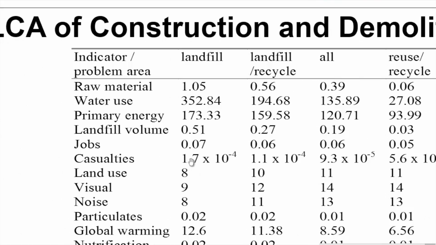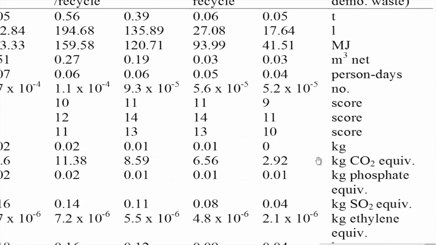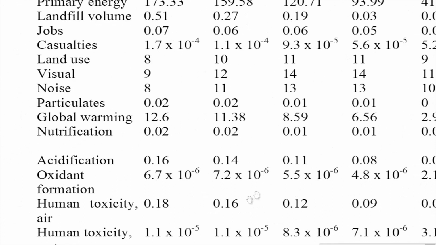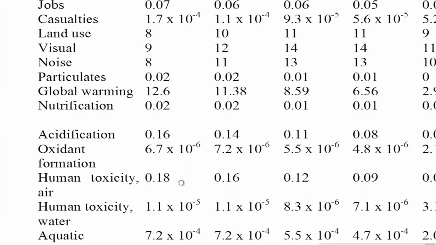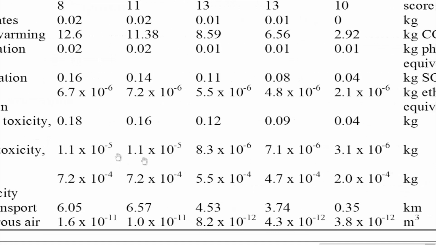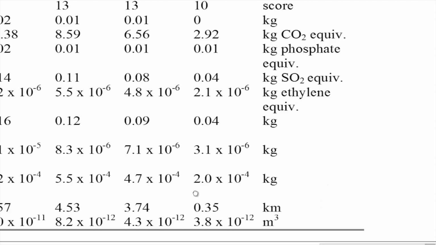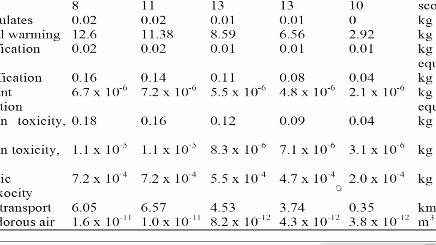So, we have looked at the primary energies, and global warming, if you look at it, is 12.6, which can be reduced by reducing carbon dioxide. Several aspects like visual noise are also included in the graphical chart, and in terms of road transport, in kilometers, it has a very lesser value.